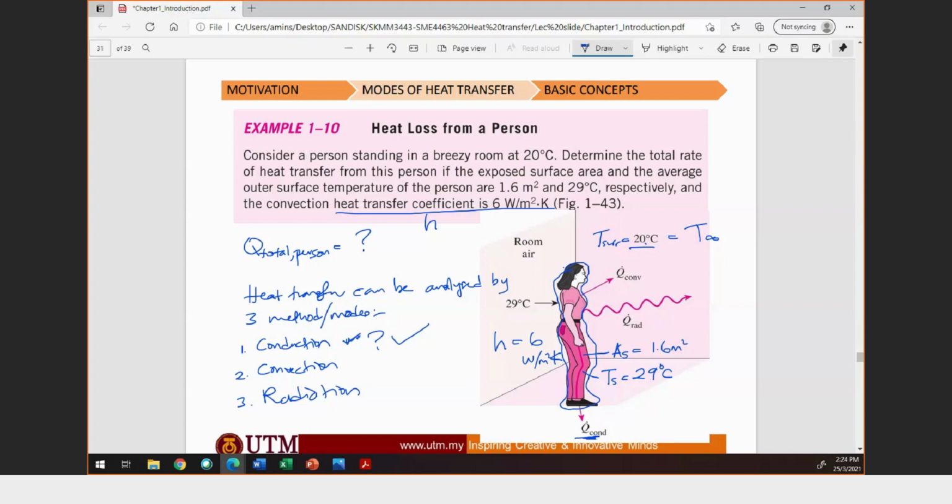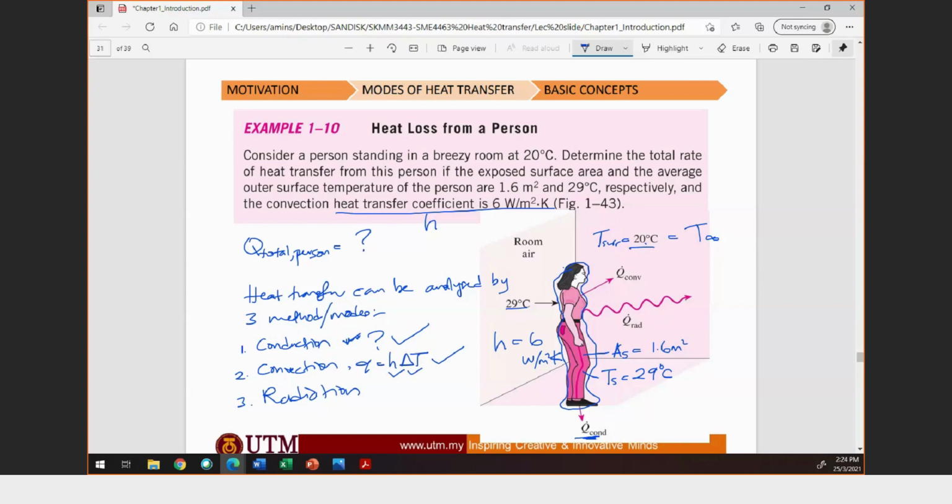Never mind. But for the convection, as long as we have a delta T, what is the convection? If you remember the equation, Q equals H delta T. So if we have delta T and we have the H value, that means this is the heat by convection.